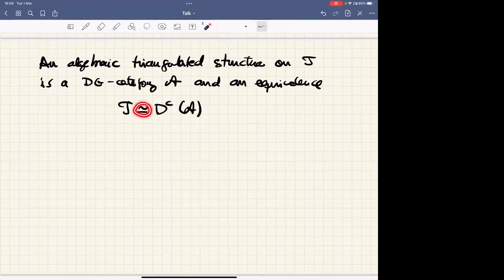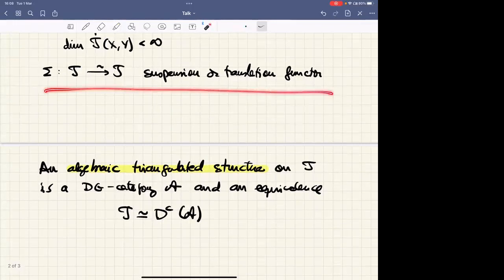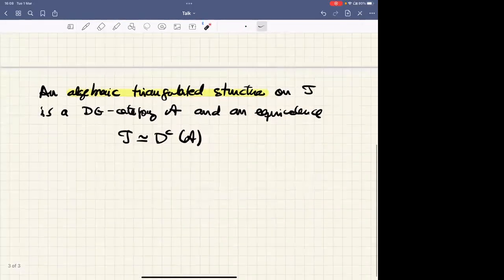Through this equivalence, we can transfer the triangulated structure on the right to the left. So we have a real underlying triangulated structure on T. If we have fixed the suspension functor, then we may want this equivalence to be compatible with the suspension functor on the left and on the right.